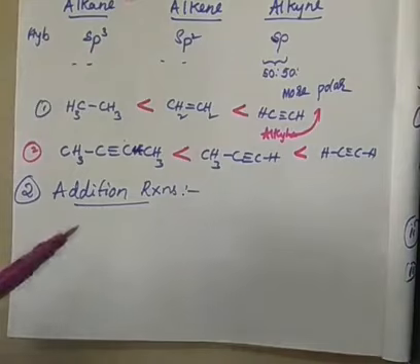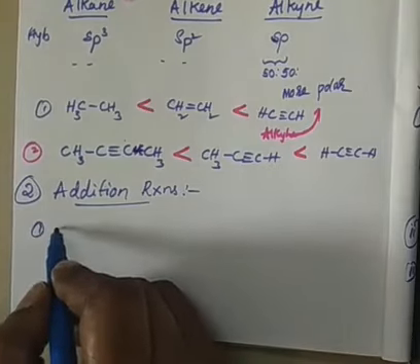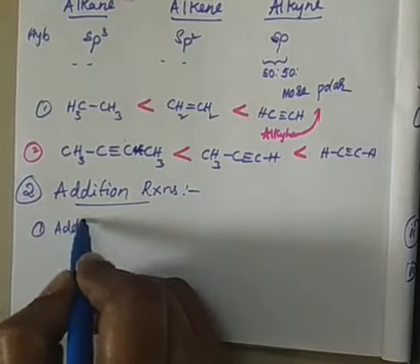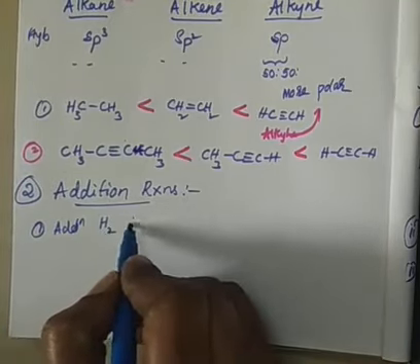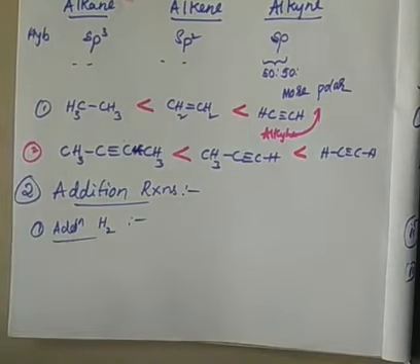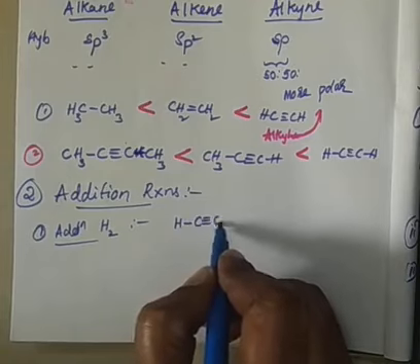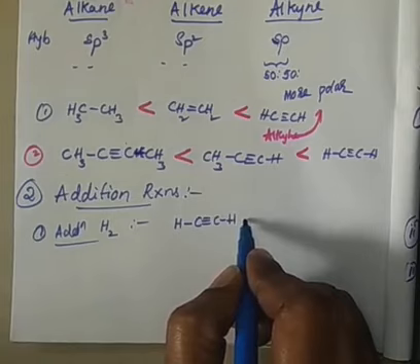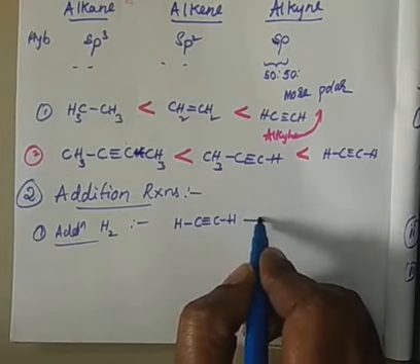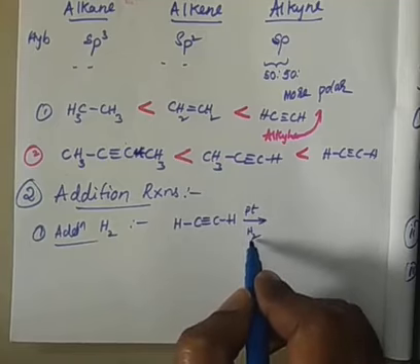But in addition reaction, many things can be added. First, number 1, addition of dihydrogen, or may I write H2 gas, right? H2 addition, for example, let me take ethyne in the presence of platinum, palladium, whatever catalyst, and H2 gas.